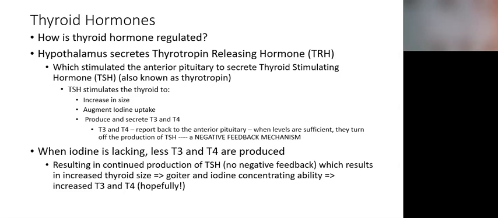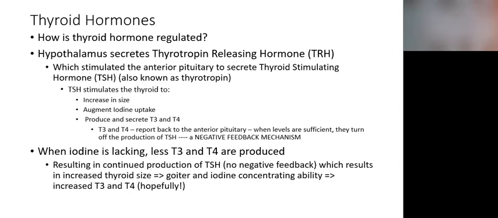Thyroid hormone is regulated via a negative feedback system. The hypothalamus secretes TRH, or thyrotropin releasing hormone, which stimulates the anterior pituitary to secrete TSH, or thyroid stimulating hormone.